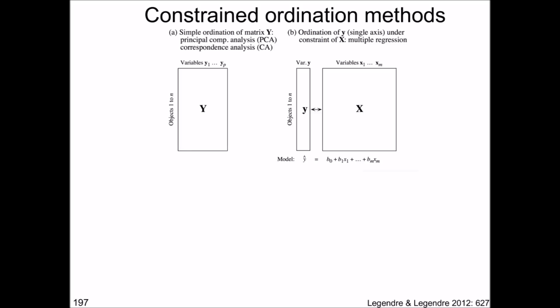Under B, you see the example of multiple regression analysis. So you have the variable y, which is a vector here. For example, we had species richness in our course measured at different sites, and you have several variables that can be used to explain these responses.